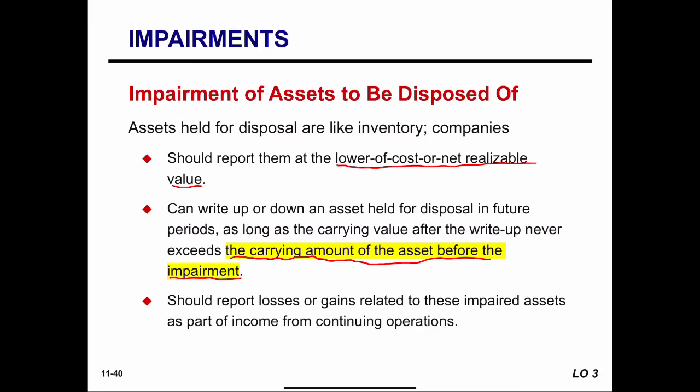The assets held for disposal are allowed to be written up, but the maximum is the carrying amount before the impairment. And the firm should report any losses or gains from the write-down or write-up as part of income from continuing operations, because the impairment or write-up are continuing procedures for property, plant, and equipment.